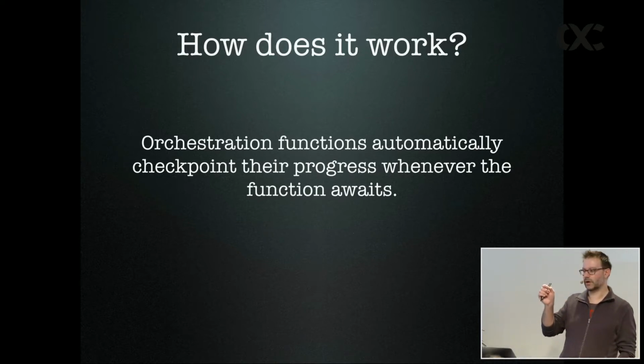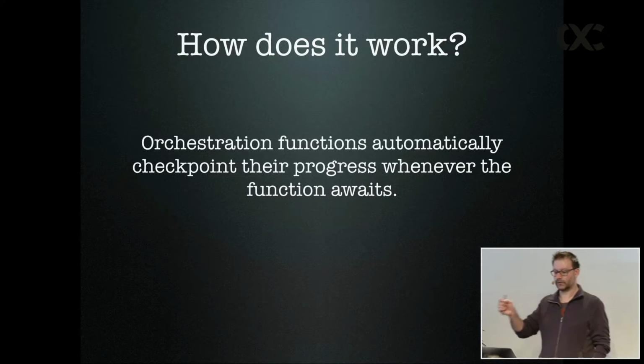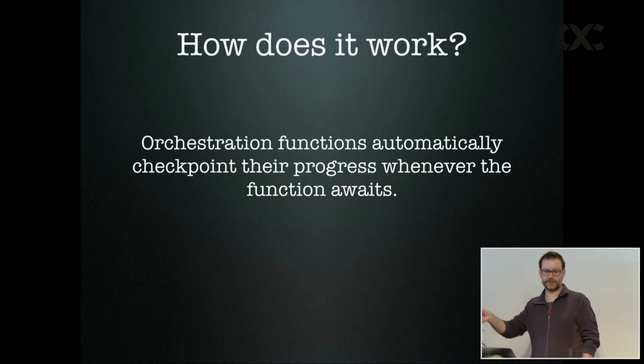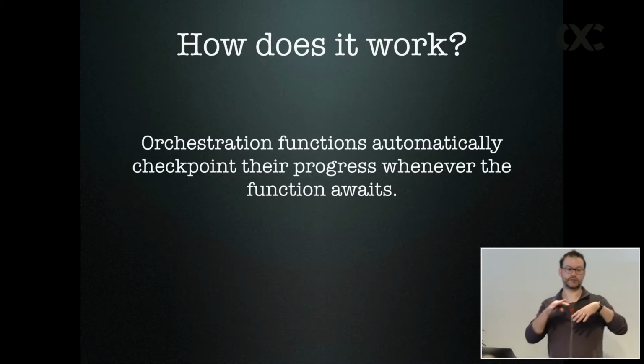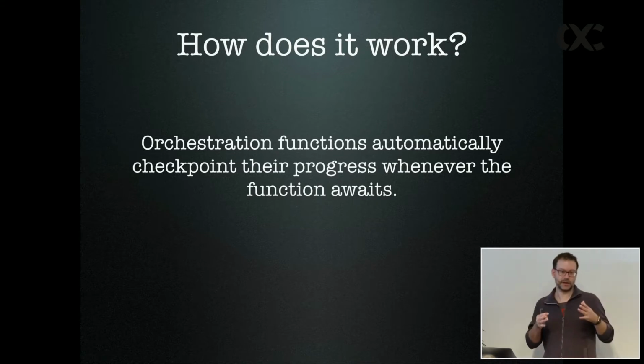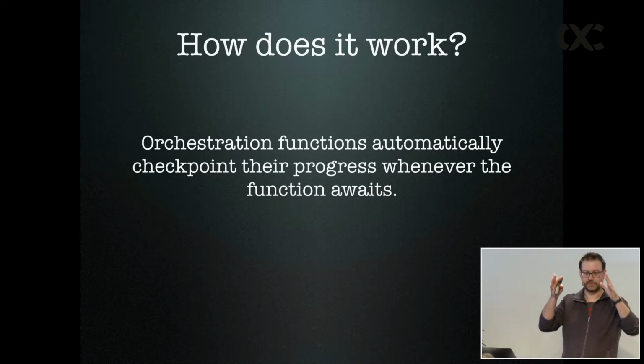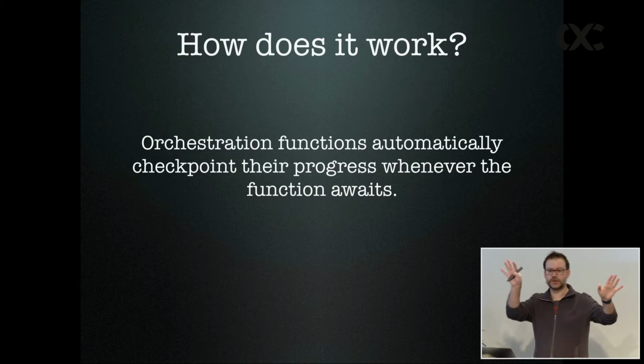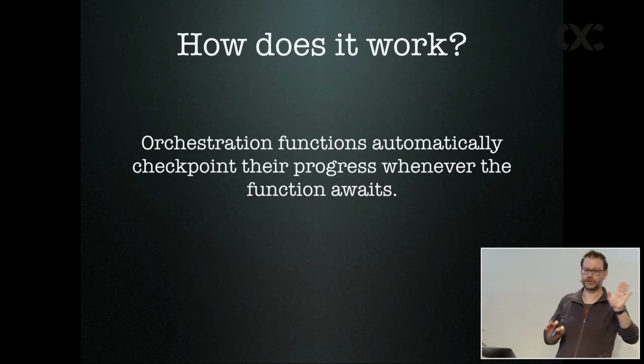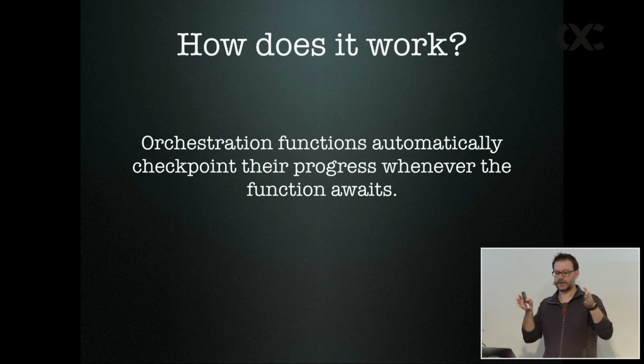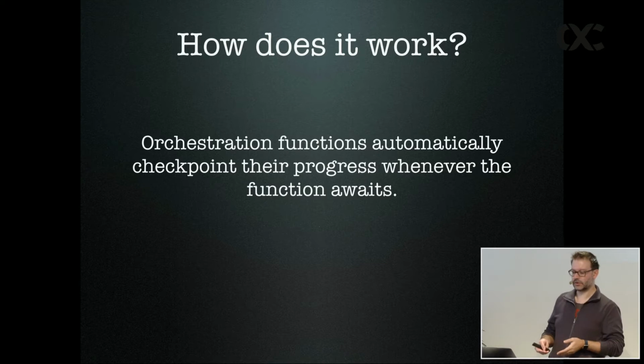Everywhere you are awaiting somebody else who is doing something, because an orchestrator does not do the work. The orchestrator is just there for orchestration. So the orchestrator normally defines the flow in code and then calls functions which do the work. And at every point you call a function which does some work for you, there is a restore checkpoint for that. So it automatically sets up the restore checkpoint.